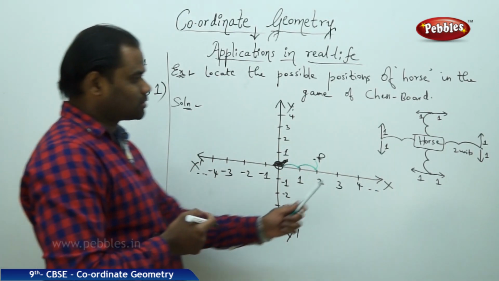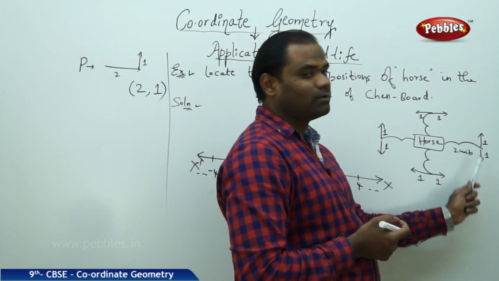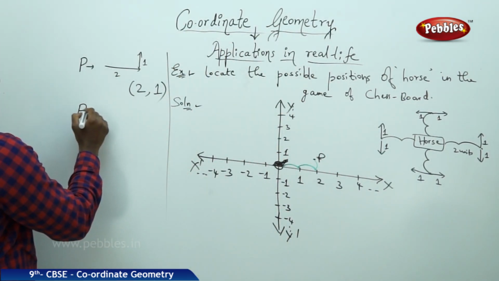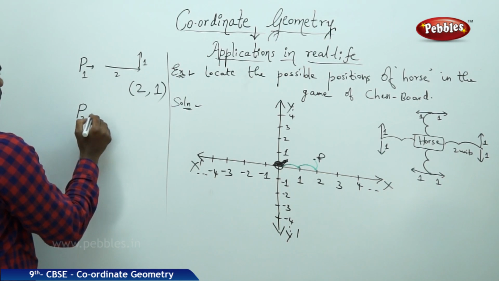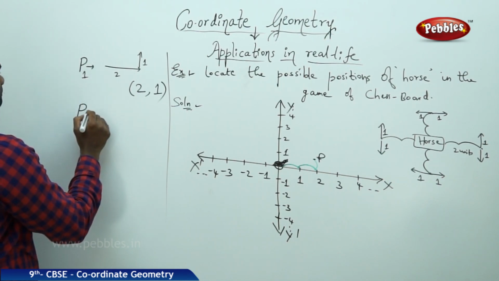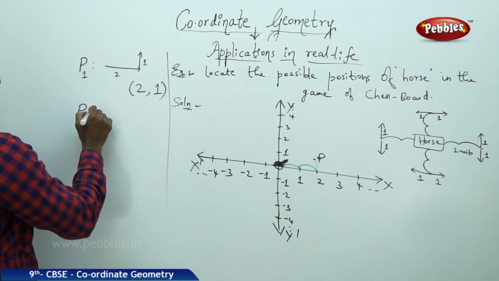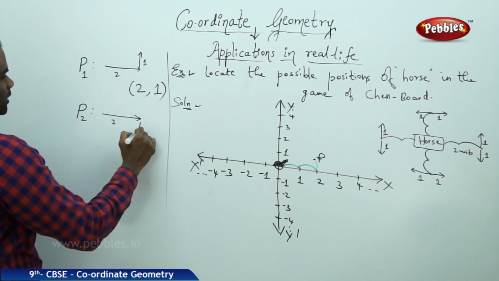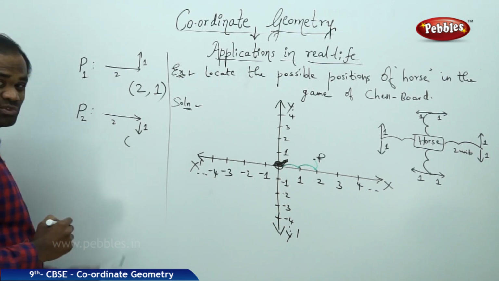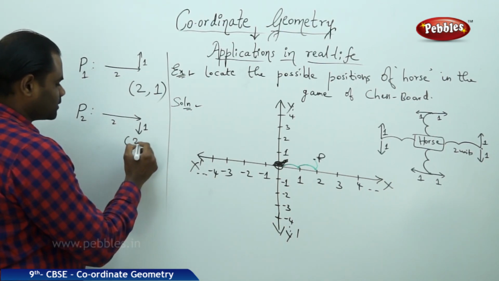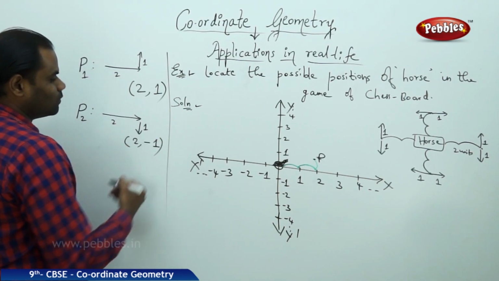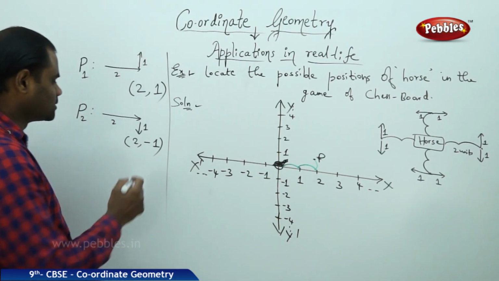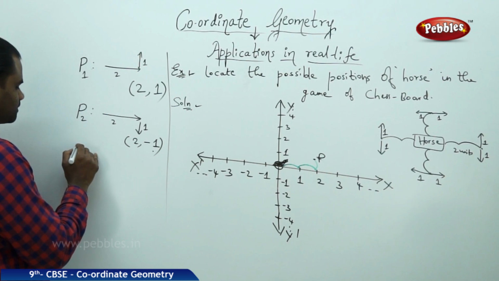Similarly, the horse can also move 2 units right and 1 unit down, and therefore I have the second chance, P2. It moves 2 units to the right and 1 unit down, and therefore this moves positively 2 units right but negative 1. Because it moves 1 unit down, it moves to the negative side of the y-axis, and hence coordinates are this.